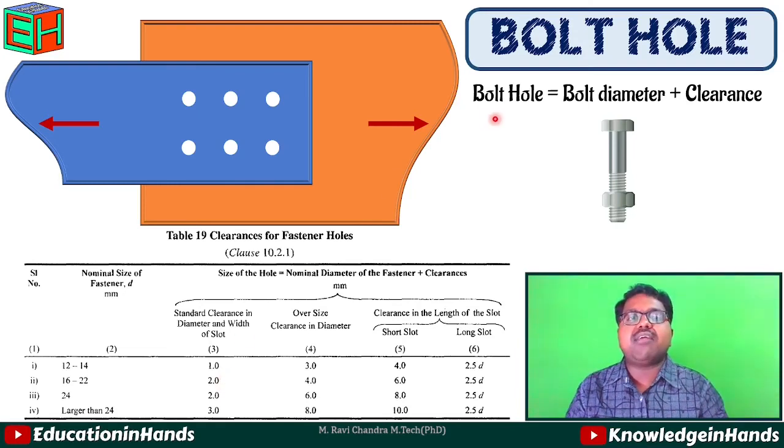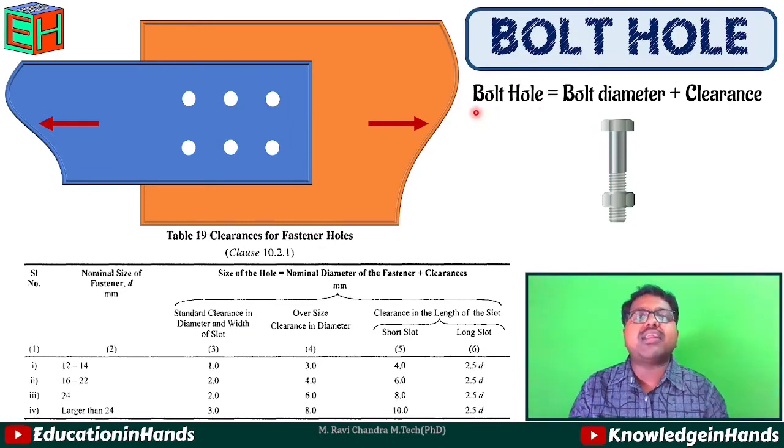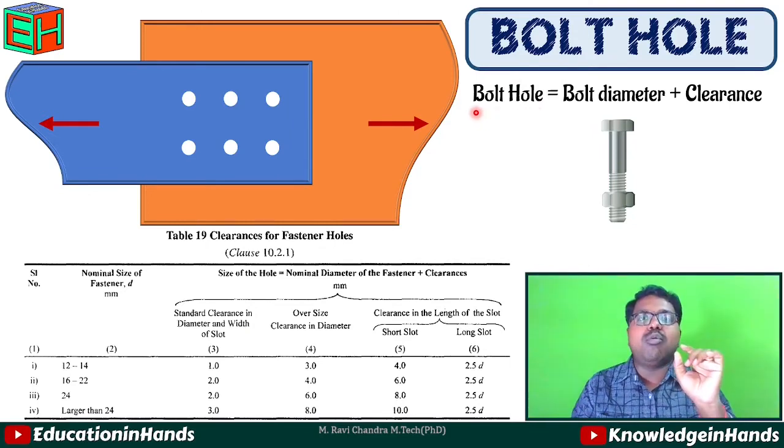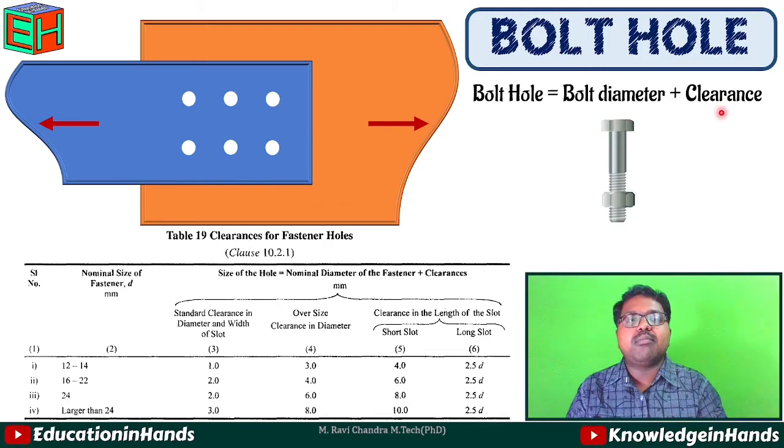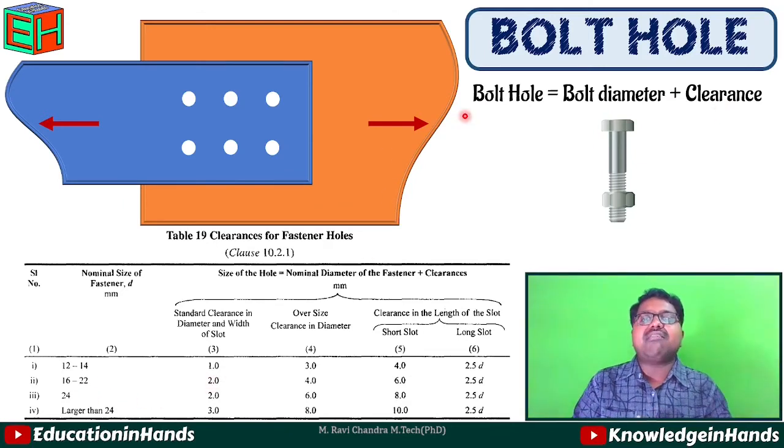So the bolt hole for a 16 mm diameter bolt is 16 plus clearance 2, which equals 18 mm. Likewise, whenever we design a bolted connection, we need to take the bolt hole size from this Table 19.